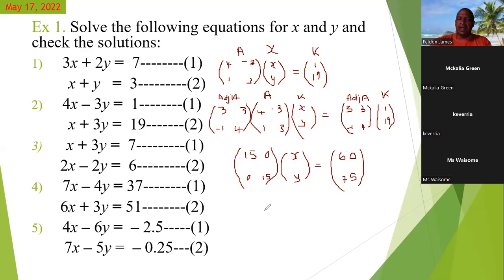And so here we would have 15x and 15y equal to 60, 75.